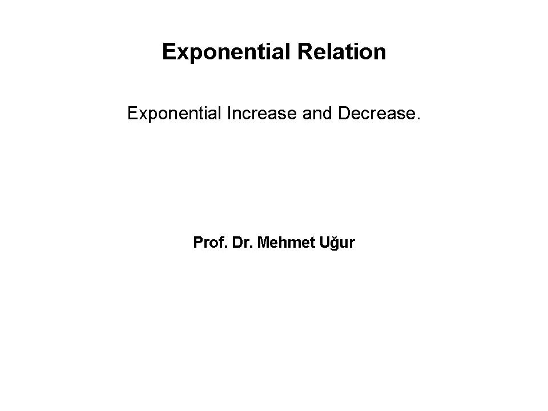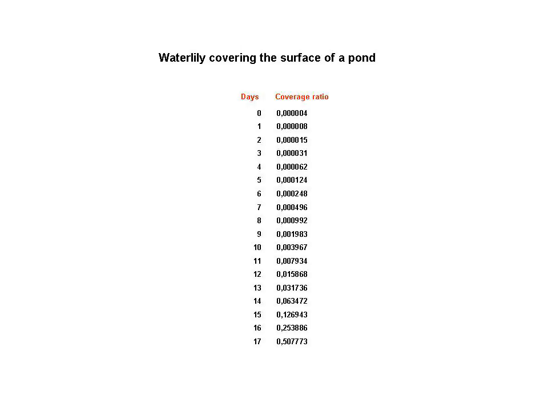Okay, a very well-known common example is the water lily covering the surface of a pond. A water lily is an aquatic plant which grows on the surface of still water like lakes and ponds.